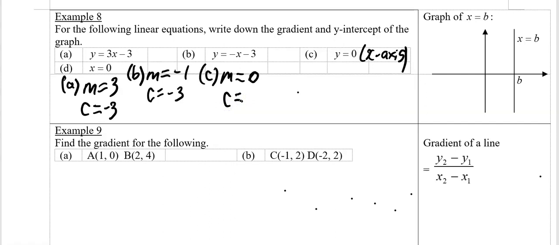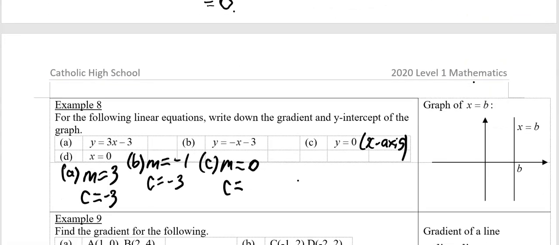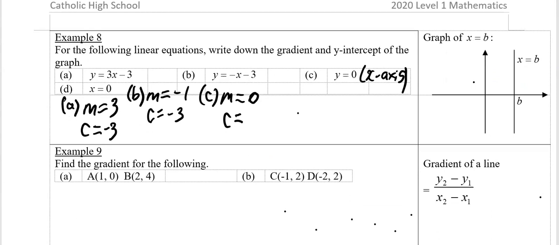It is the y value at which the graph intersects the y-axis. So in this case, this is the line y equal to 0, which is our x-axis. So it intersects the y-axis at 0 over here. So the y-intercept is actually simply 0.